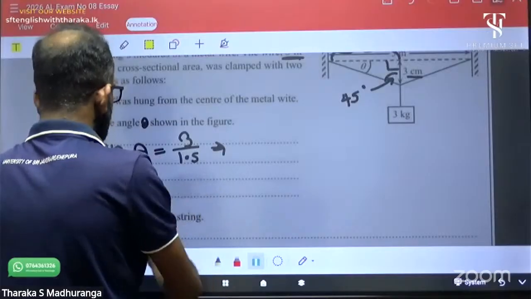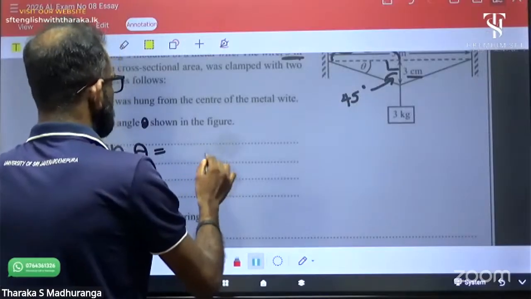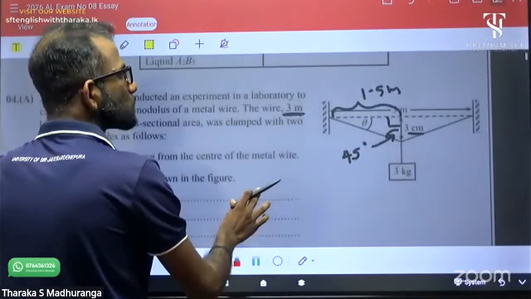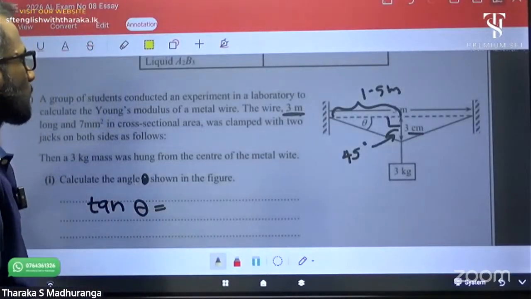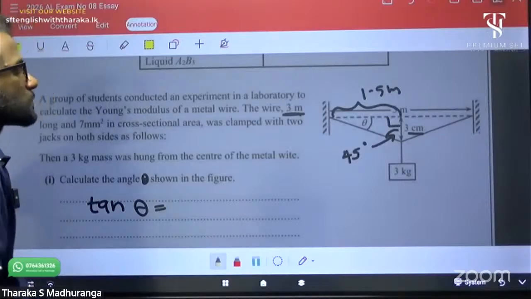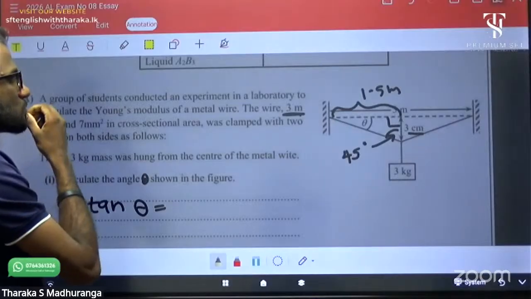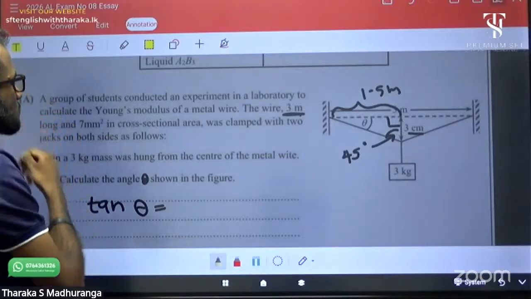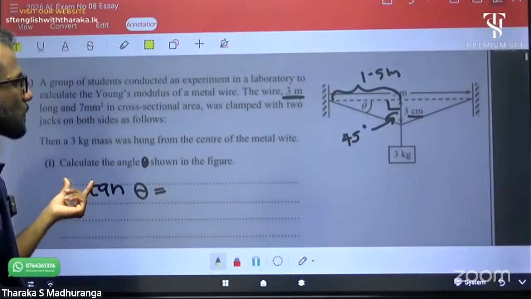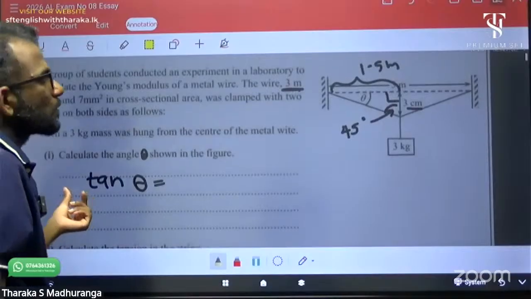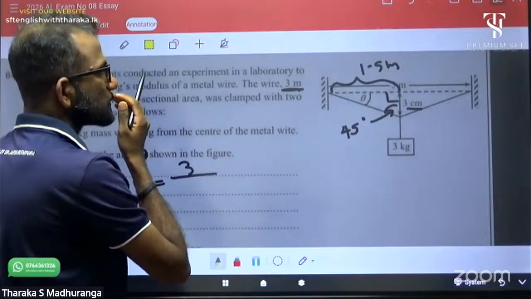That's a mistake. Opposite over adjacent.